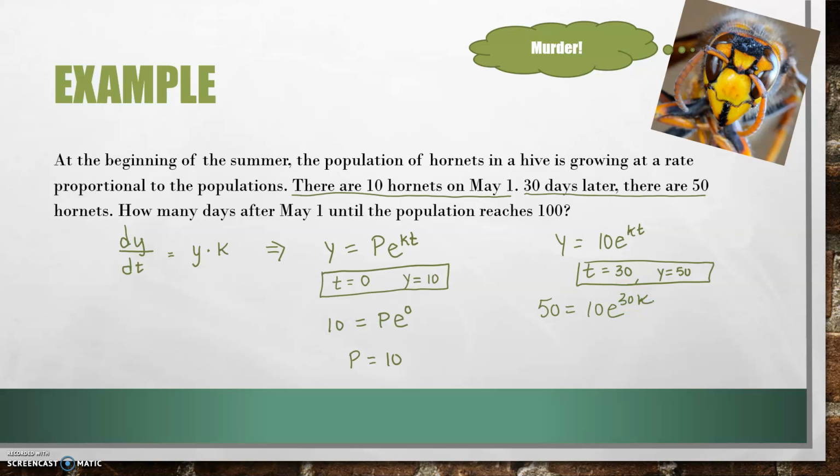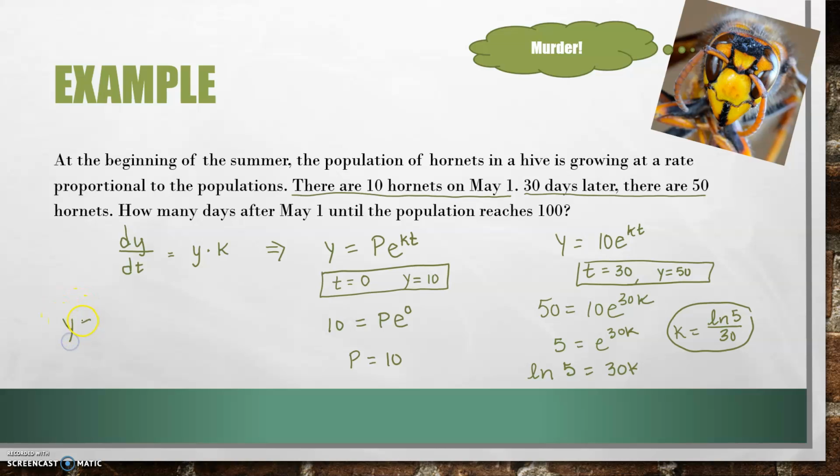And if I want to solve for k, I would divide by 10, and natural log both sides, and divide by 30. So k is equal to natural log of 5 divided by 30. So now we have the actual equation for these hornets, which we hope are not really murder hornets.